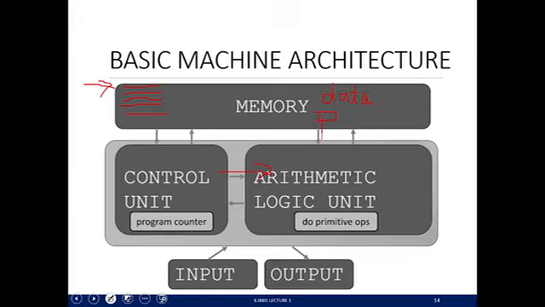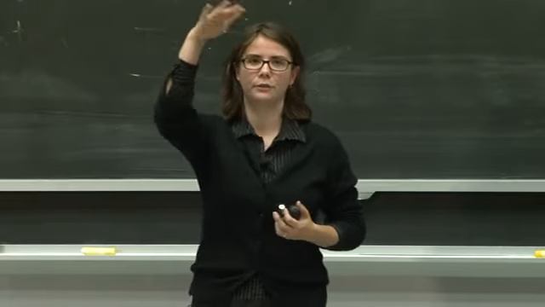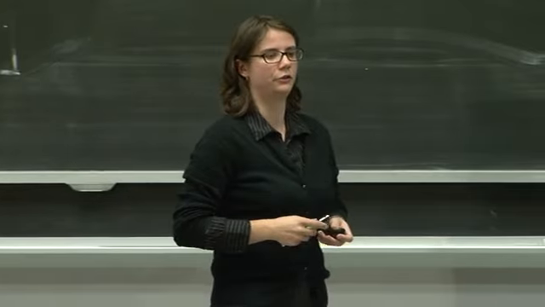So it might get some data. If you're adding 2 numbers, it might get 2 numbers from memory. It might do some operations, and it might store data back into memory. Okay? And after it's done, the program counter is going to increase by 1, which means that we're going to go to the next instruction. Okay? And it just goes linearly, instruction by instruction.